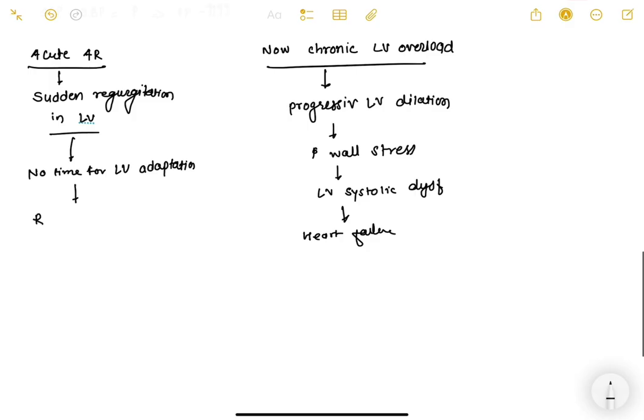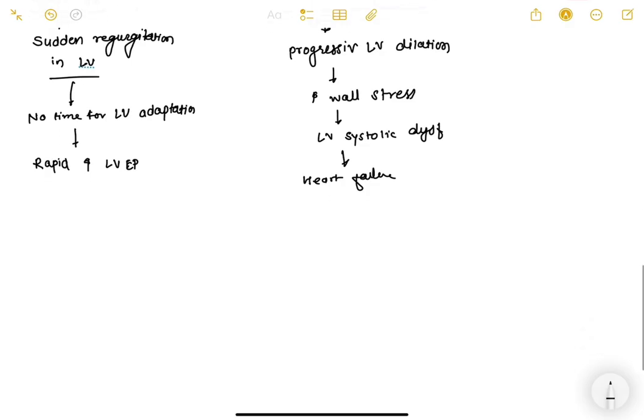So there is a rapid increase in left ventricular end diastolic pressure, which will again increase left atrial pressure.